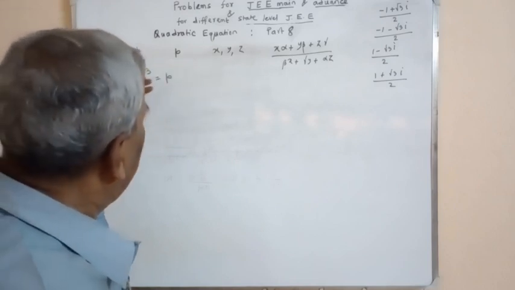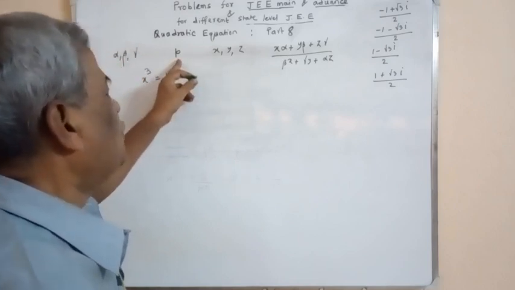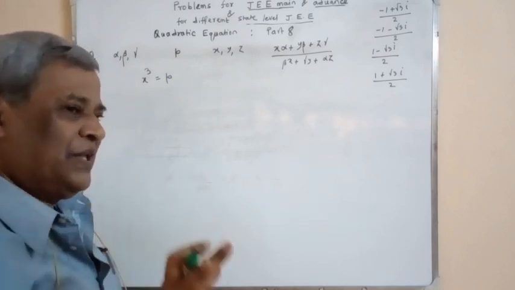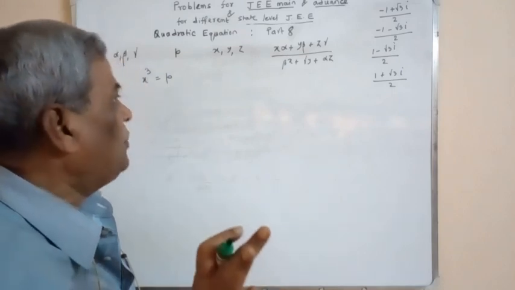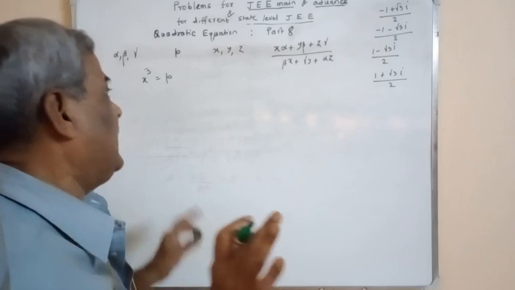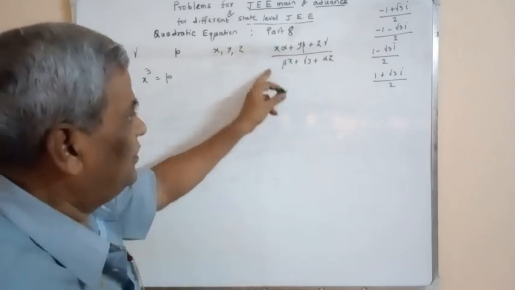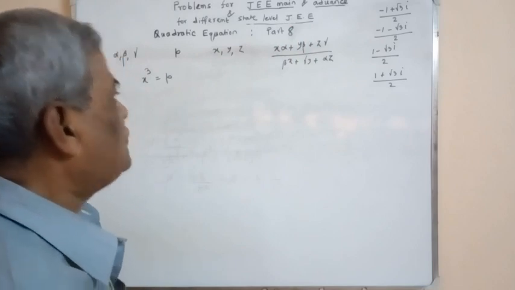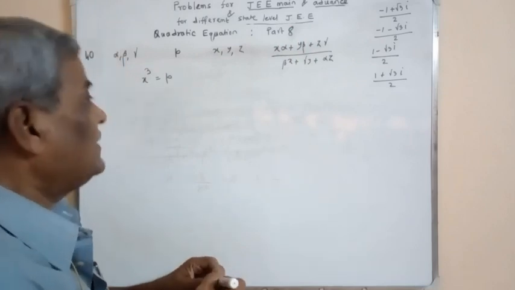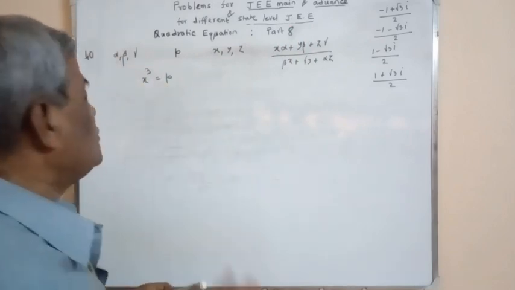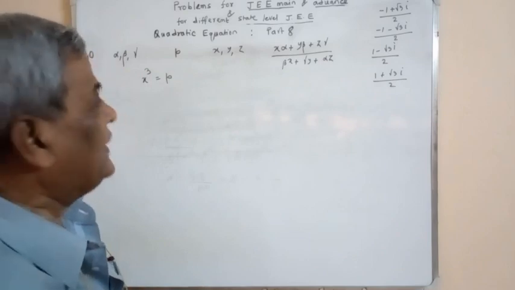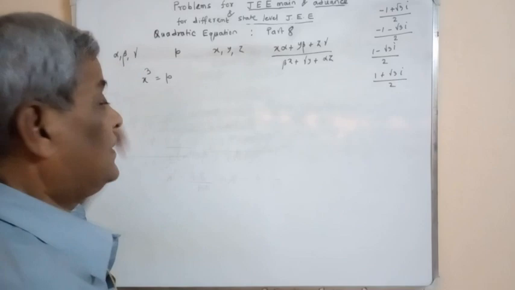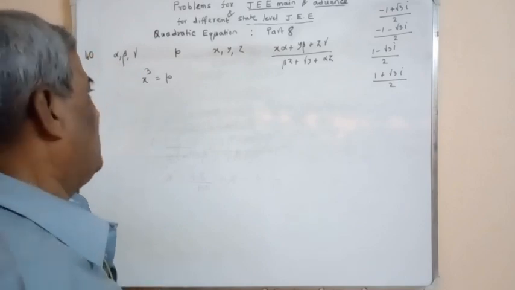And x, y, z are any three real numbers. Then find the value of that. Actually, that problem is a combination of quadratic equation and complex number.